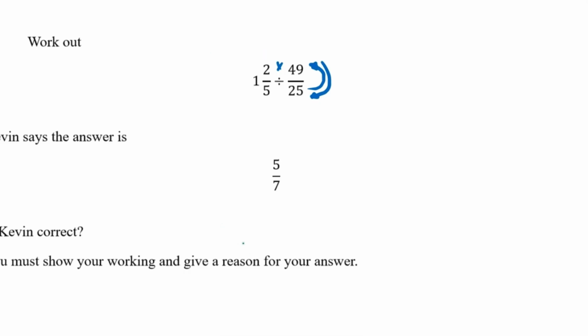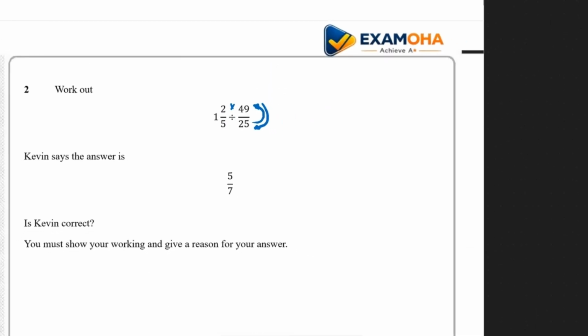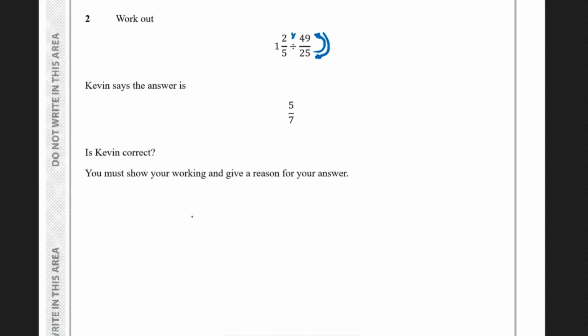The easy way to do this is to take this whole number multiplied by 5 and then add it to 2 here. That means the new number would be 1 times 5 is 5 plus 2, 7 over 5, and then division becomes times, and we flip it, 25 over 49.